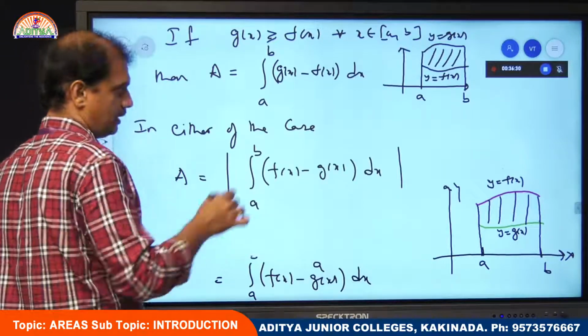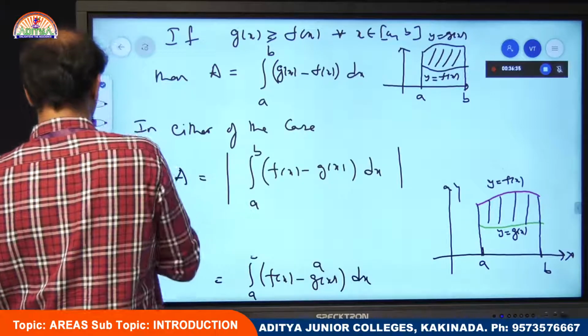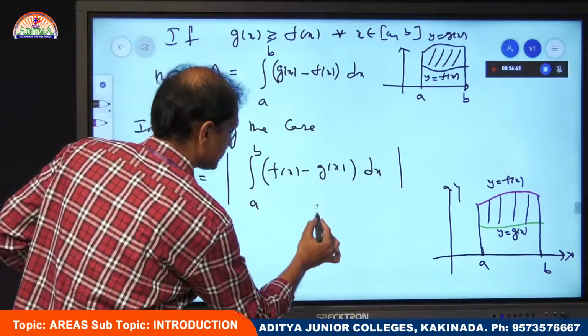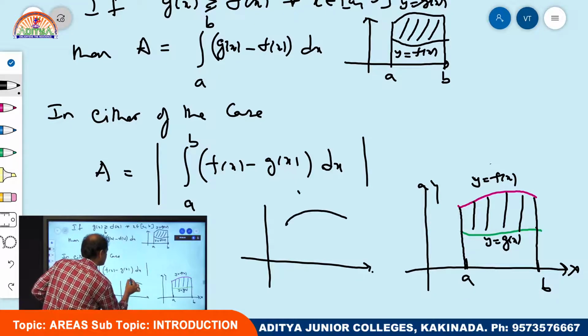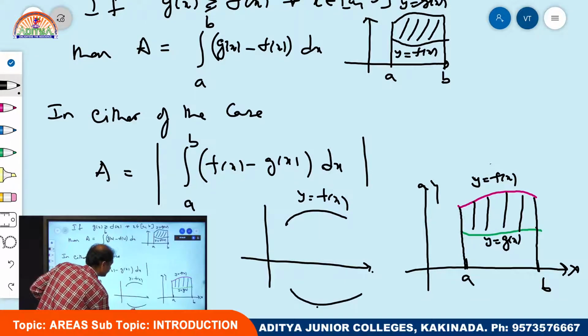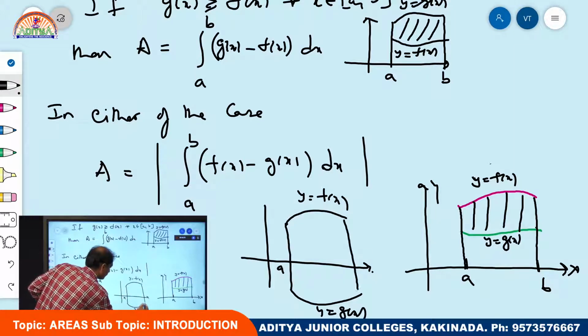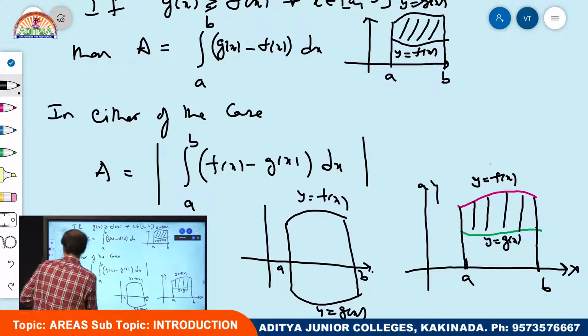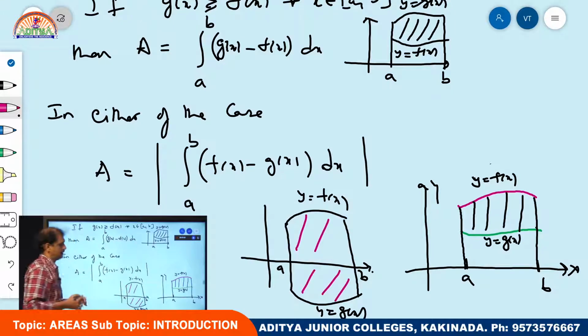Suppose the graph between y equal to f of x and g of x is given in this way. Here this is y equal to f of x and here it is y equal to g of x. Now, how can we calculate the area of the region bounded between these two?